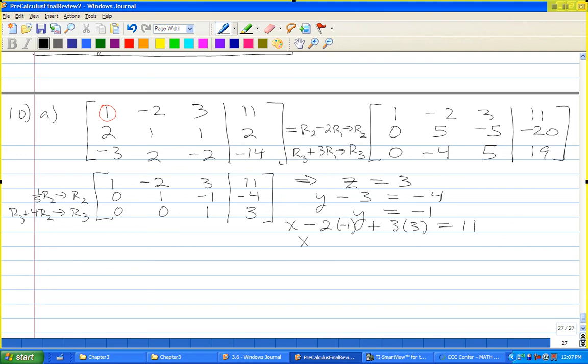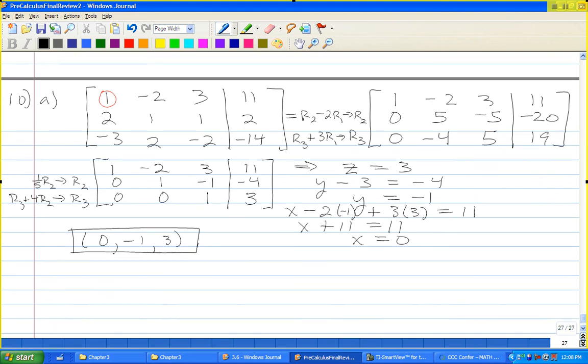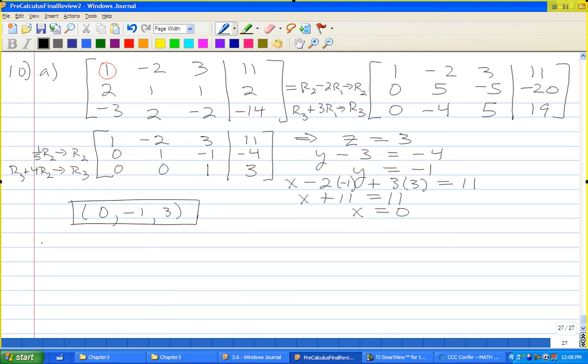So x plus 11 is 11, so x equals 0. So my solution is (0, negative 1, 3). B.